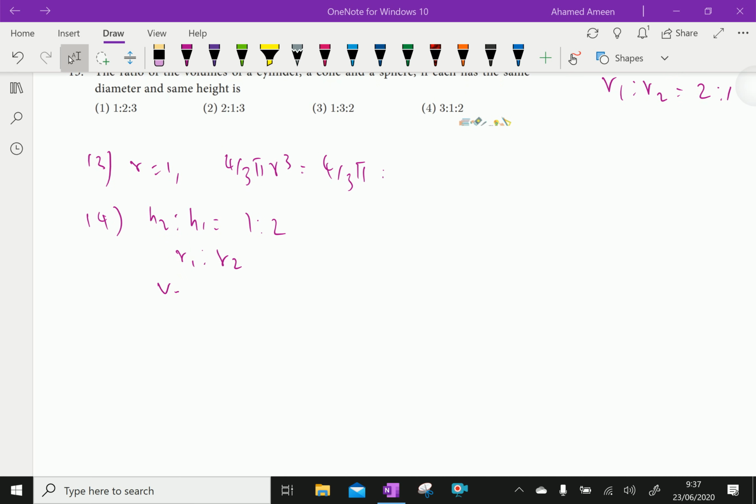So we know that volume V2 by V1 is 1 by 3 pi R2 squared H1 minus H2, over V1, which is 1 by 3 pi R1 squared H1. Now 1 by 3 pi cut on both sides.